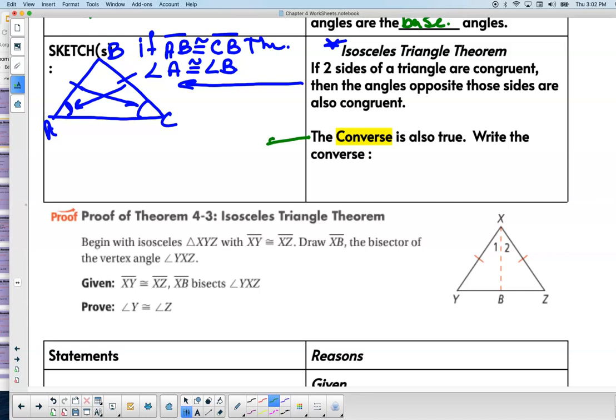The converse of this is also true. The converse is a switch. It takes this portion and puts it last, and takes this portion and puts it first.